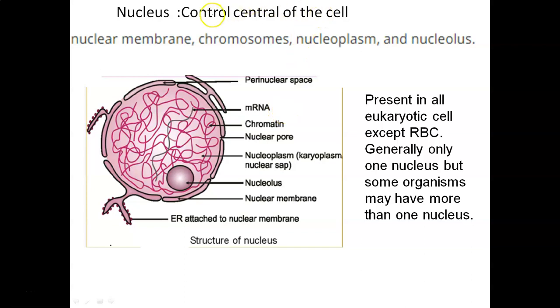Now, written here, the nucleus is also known as the control center of the cell. Look, in our body the control center is the brain, right? The brain controls all the functions and physiology of our body. In the same way, in a multicellular organism division of labor is there, so we have organs and organ systems.